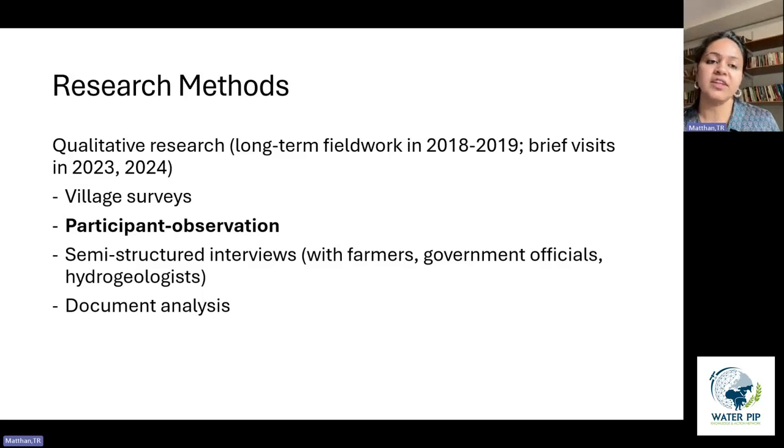So this involved living primarily in one village, but traveling to neighboring villages and towns, and really trying to observe farmers' daily practices, observe their daily life to understand how they make their decisions, what they do, why they do what they do, how they do it, and how this is differentiated based on their social location in terms of caste, class, and gender. And I'm happy to talk more about methods in the Q&A if anyone's interested.